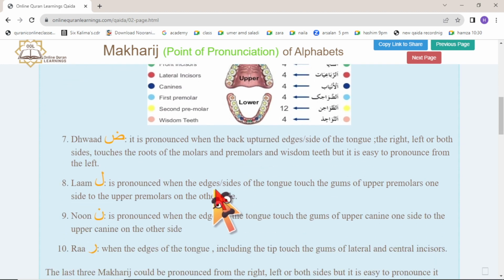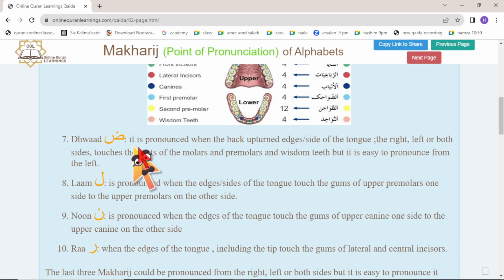After this, we'll read the letters which are pronounced from our teeth. The first one is Dhad. The method of pronouncing Dhad is when the back upturned edge side of the tongue touches the right, left or both sides, touching the roots of molars and premolars and wisdom teeth, but it is easy to pronounce from the left.